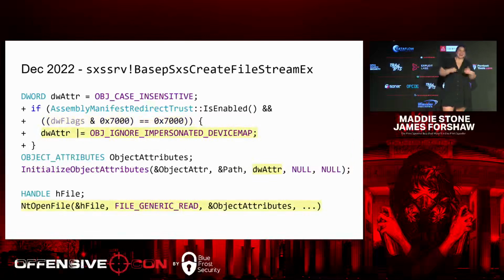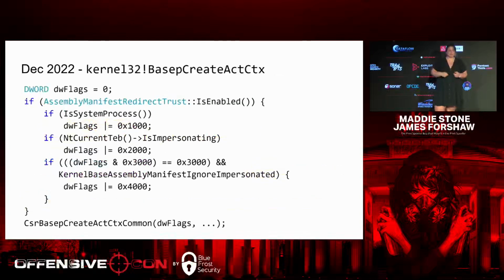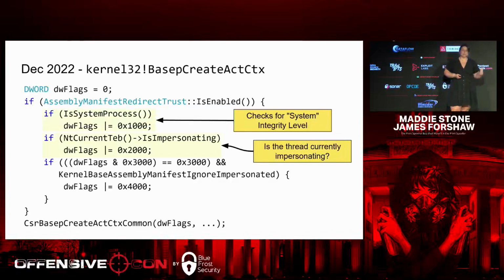We will pass the same object attribute that they had added to load library back in 2015, now we will use that in side-by-side service. So this is the object ignore impersonated device map. But to do this, going back, first we need to figure out what were those flags. So those flags to enable that mitigation there are only set if, first, the process is running at the system integrity level.